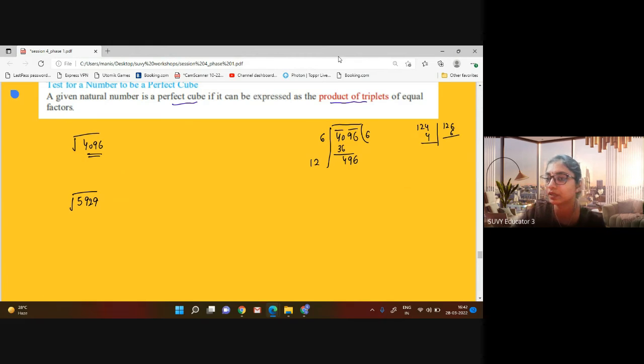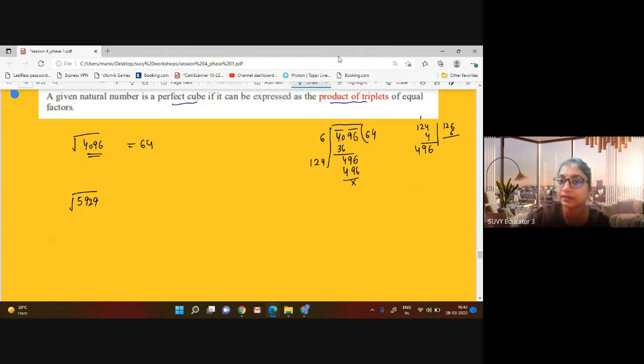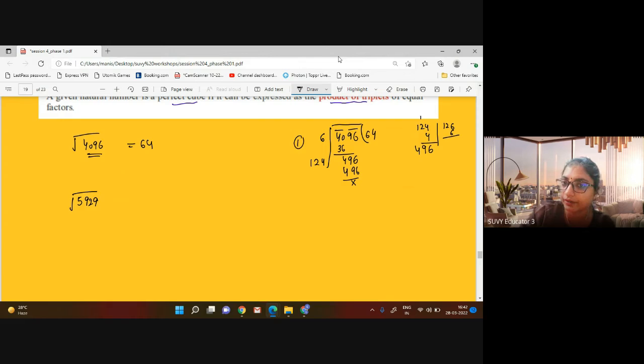So let's say 1 to 4 into 4. 4 fours are 16, 1, 8, 9, 4. It means 1 to 4 into 4, 496. It means its answer is 64. Right. This is one method.